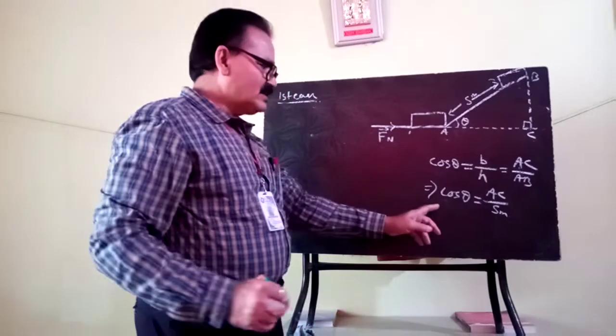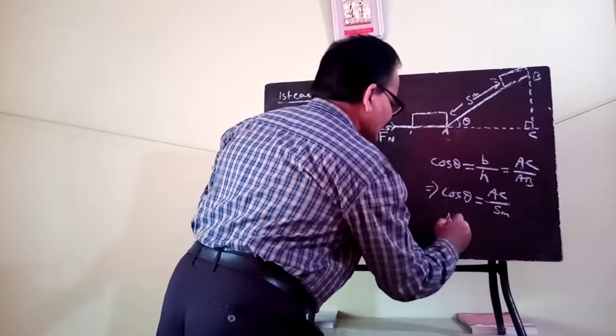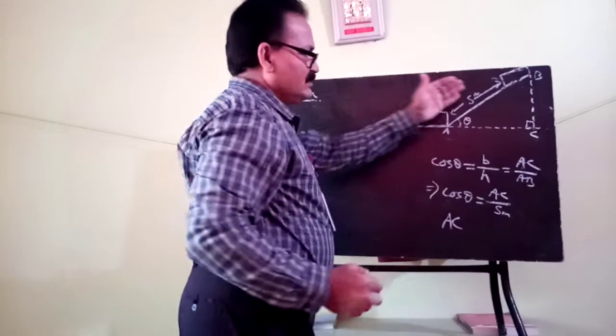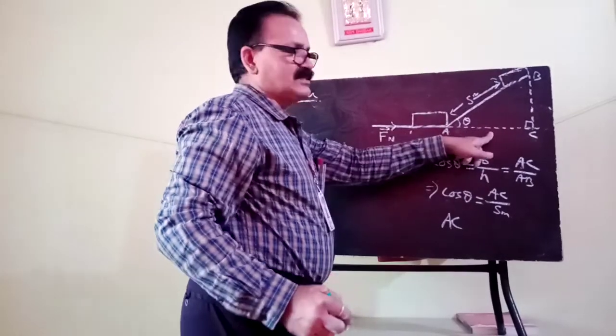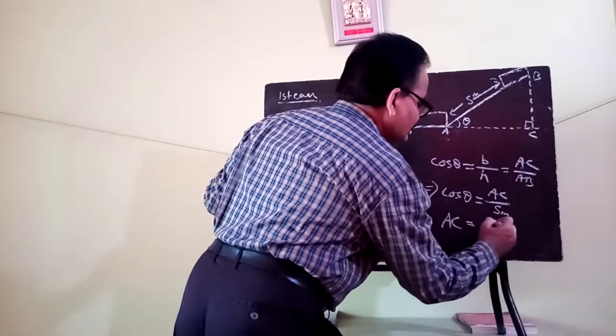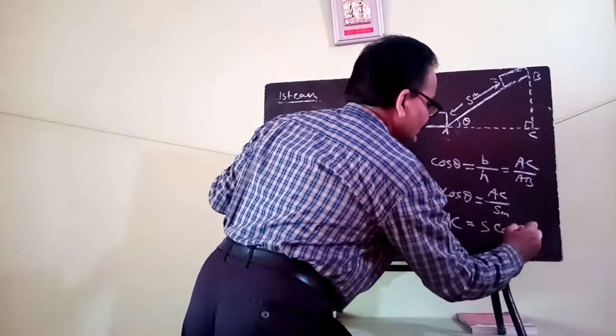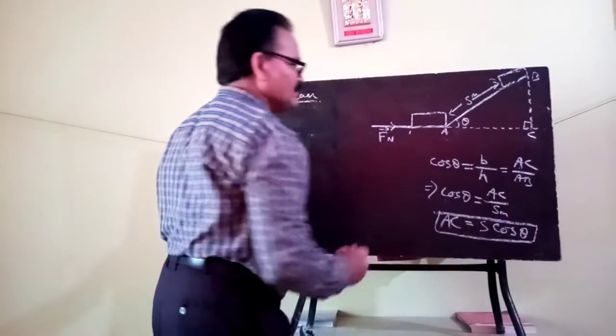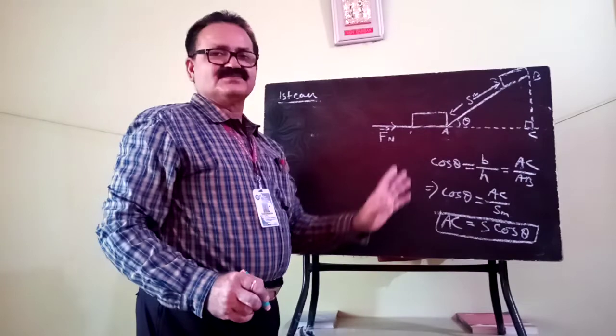Okay. So the component of displacement along the direction of force, that is AC, will be equal to s cos theta. This is the component of displacement along the direction of force.